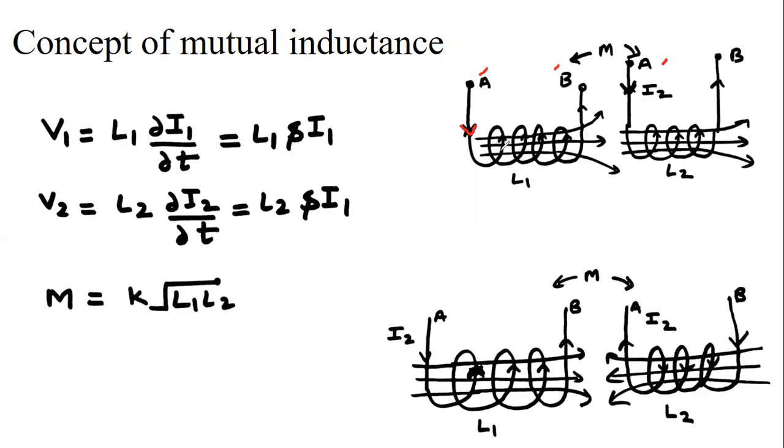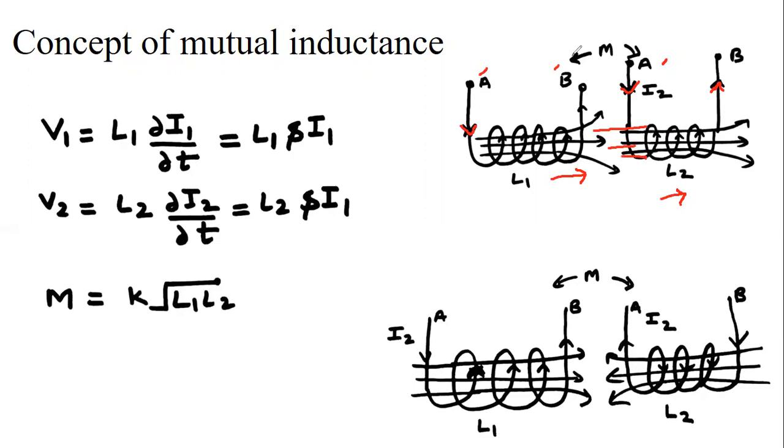If the thumb represents the direction of current, then the fingers always represent the direction of the flux. So suppose the direction of current in the coils is the same, then the flux of one coil supports the flux of the second coil. So this coil's flux also passes through the second coil.